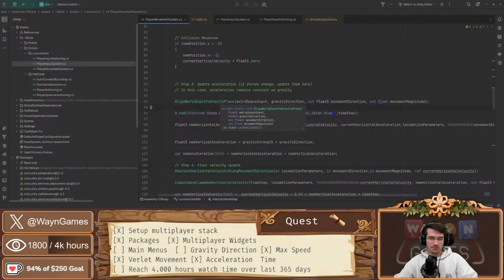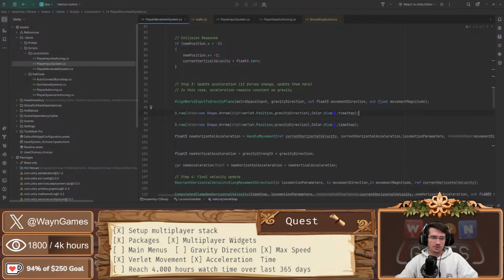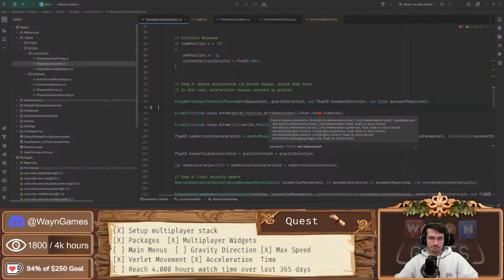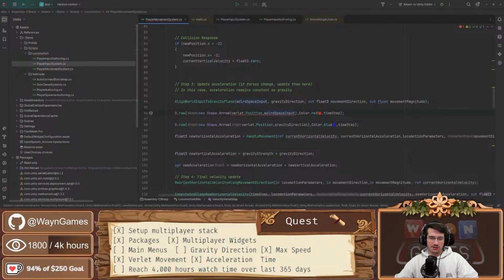Input, align input. Let's draw the world space input. In red. You don't like that.